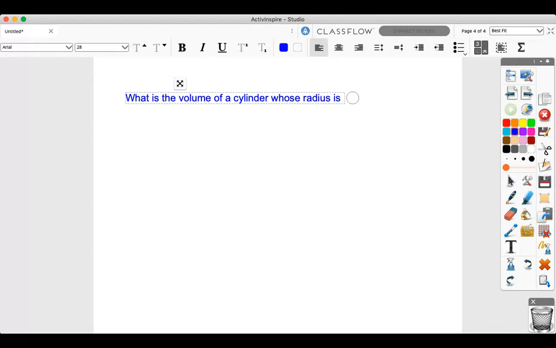Find the volume of a cylinder whose radius is 4 meters and whose height is 5 meters.